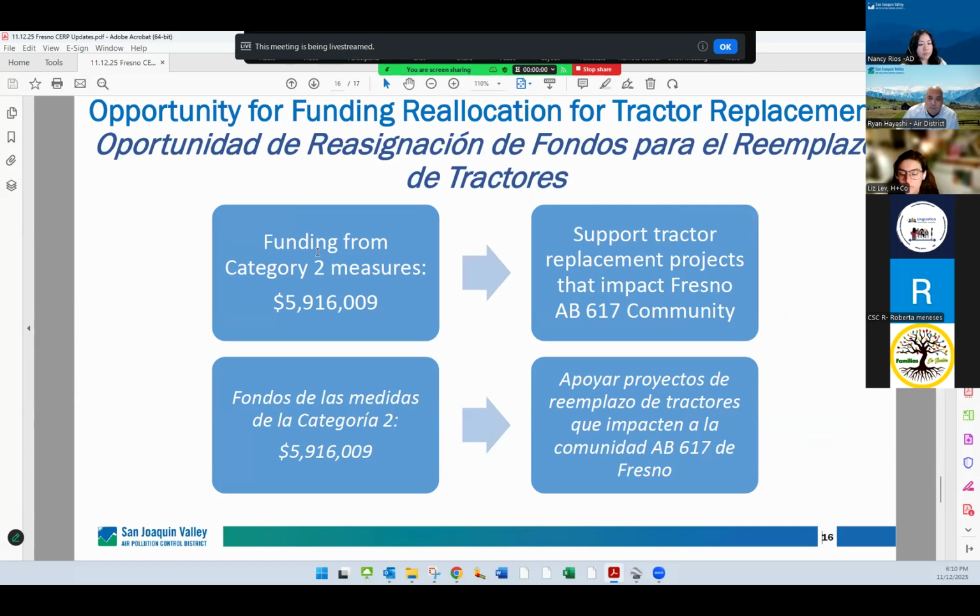What we're trying to tee up here is that we got roughly $5.9 million from those measures that we talked about: the rail car switchers, the locomotives, and the semi-truck plugins and EV mechanics. I showed you that one table that showed what those emission reductions would look like if we were to put money towards that.